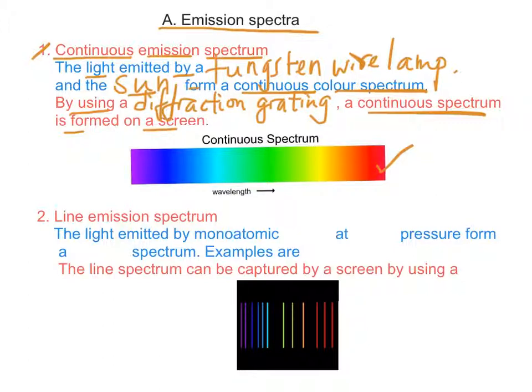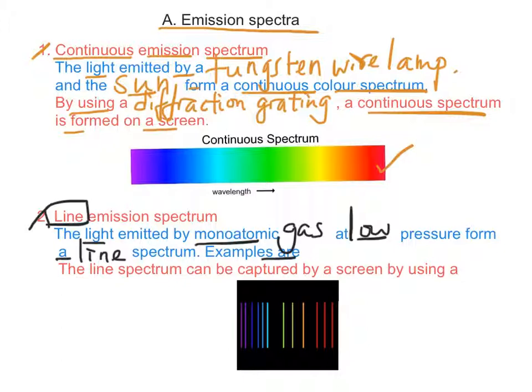Another kind of emission spectra is called line emission spectrum. The light emitted by a monoatomic gas at low pressure forms a line spectrum.